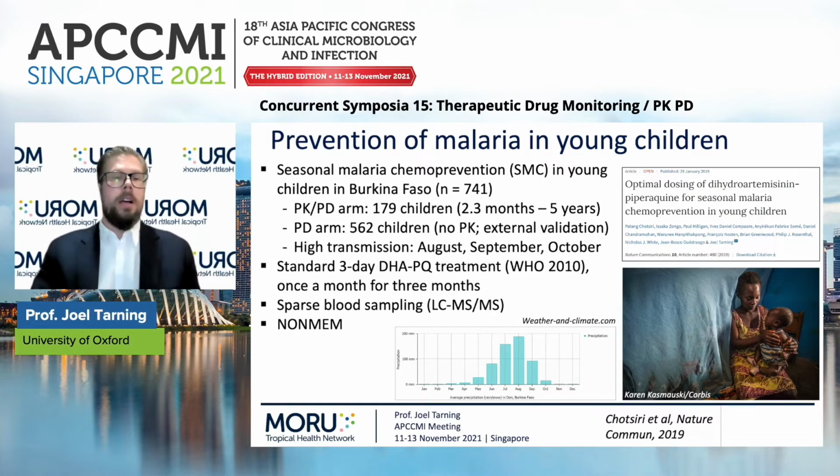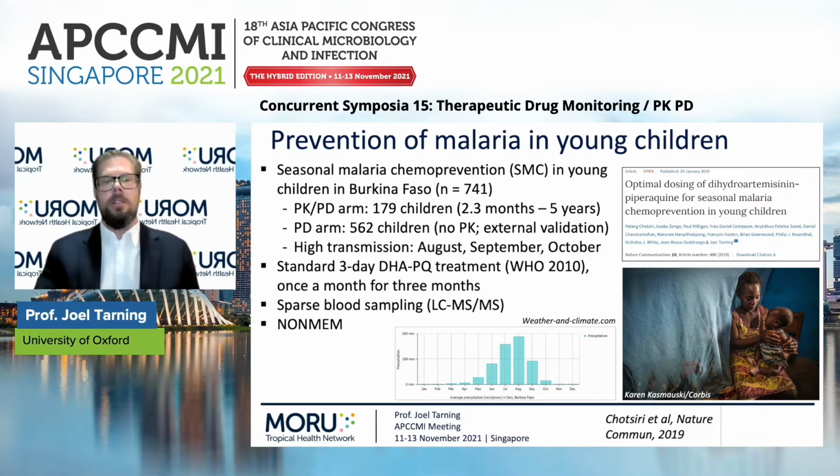And data was collected in the high transmission season during August, September, October. And that's also where these children received a standard 3-day DHA piperaquine treatment according to the WHO 2010 guidelines. And this 3-day treatment was given once a month for these 3 months of high transmission.